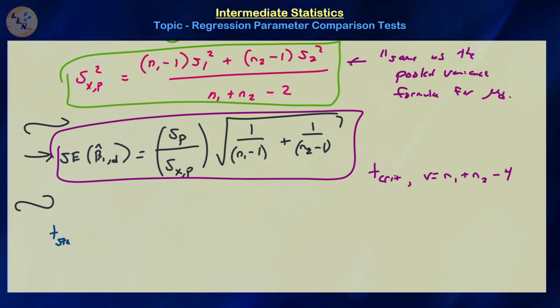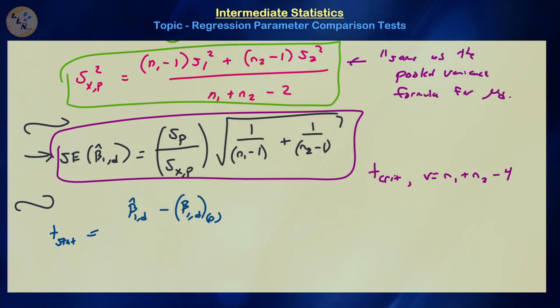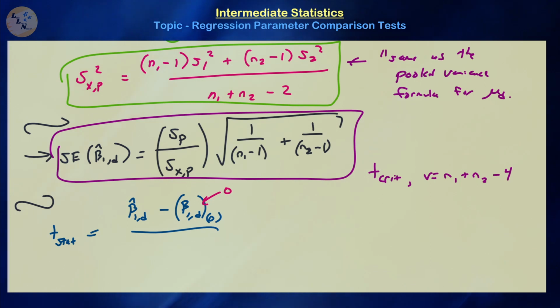So the test statistic is going to be equal to the difference in slopes minus the claimed value of the difference in parameters, which is usually assumed to be 0, but it's not necessarily equal to 0, so you can choose it to be 0 or not, so it's a little bit more flexible. And of course, that's going to be divided by the standard error associated to this point estimate.